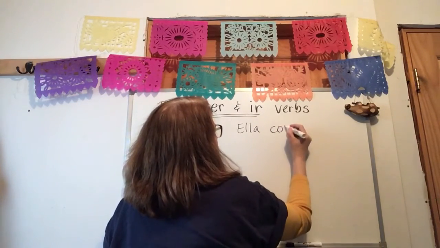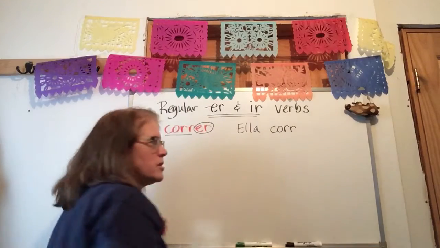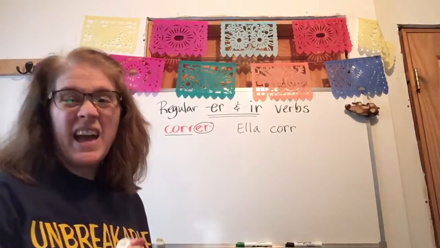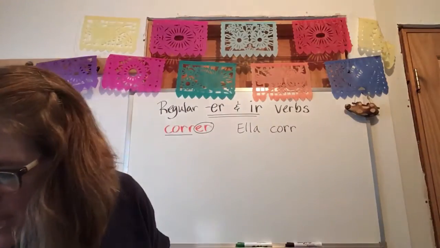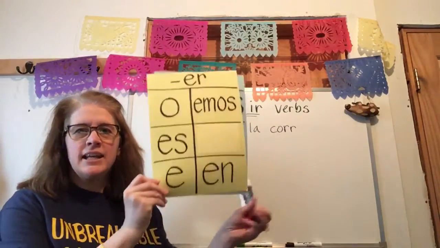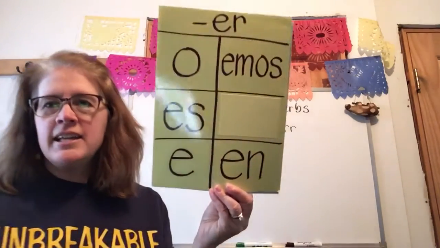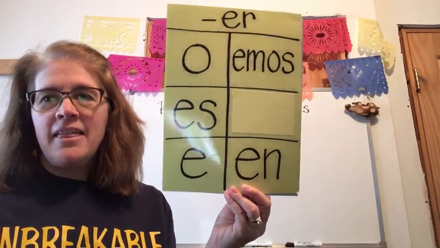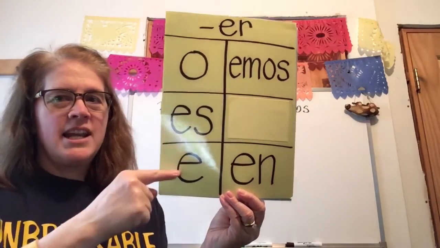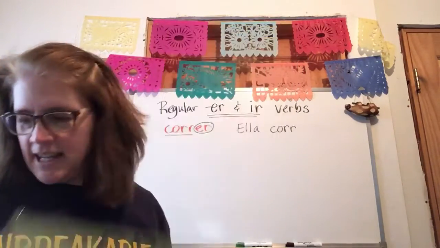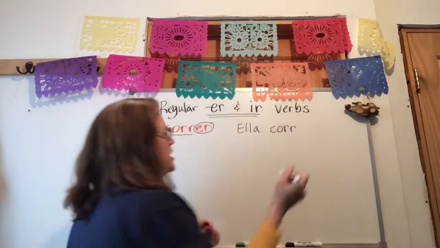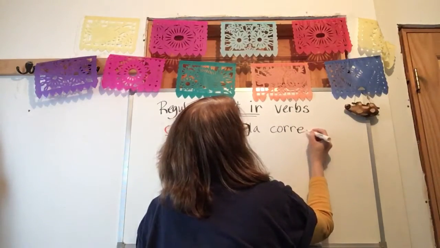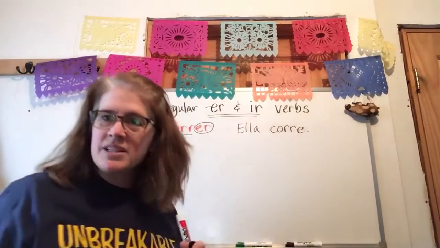Take off the ER, so we're left with the stem, but that doesn't mean anything. Then we have to put on the correct ending. Which box is ella in? That's correct, right here. So this is the ending that we want to put on over here. So ella corre, and you have a sentence.